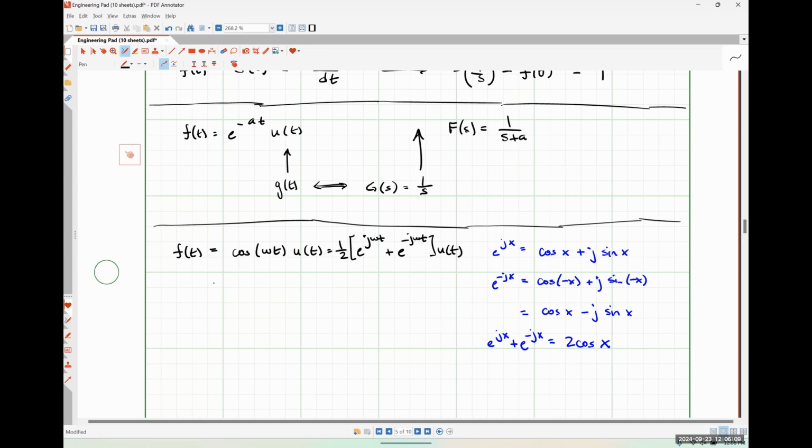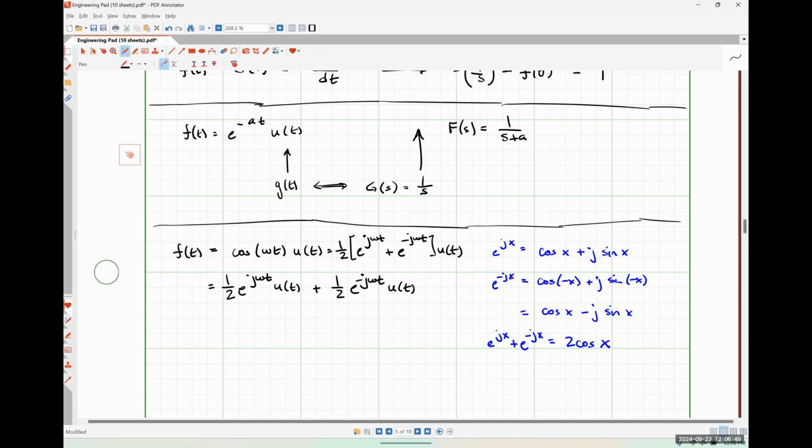or 1/2 e to the j omega t u of t plus 1/2 e to the negative j omega t u of t. The reason why I'm doing this is because I already know what the Laplace transform of an exponential function multiplied by a unit step function is, right? We did it right here.